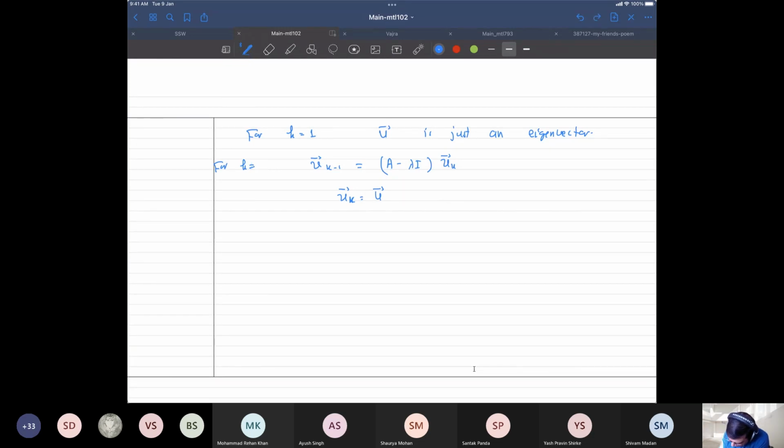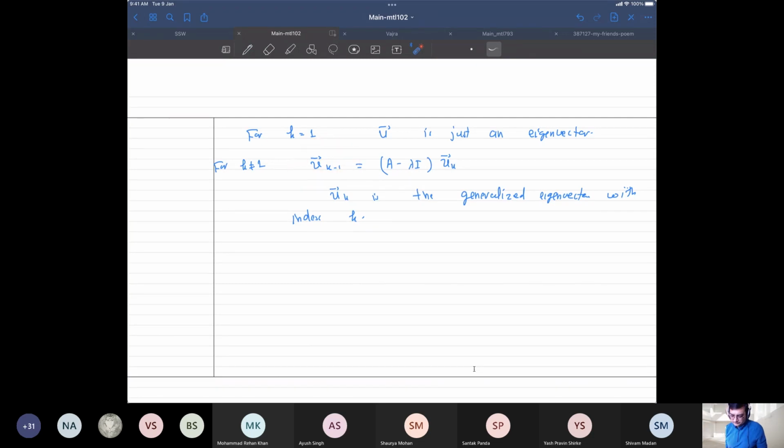I need to be careful here because I need to show that Vk is a generalized eigenvector with index k. So if Vk is a generalized eigenvector with index k, then let us look at this one.